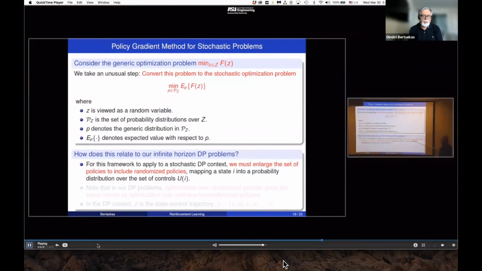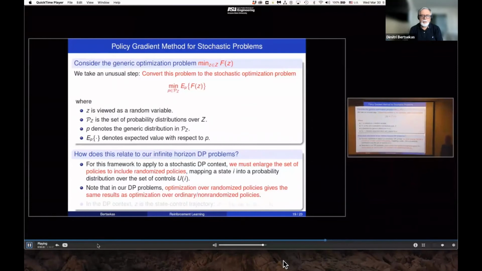So we enlarge the set of policies to include randomized policies, mapping a state i into a probability distribution over the set of controls. And we consider optimization over randomized policies. Now, one thing to note is that in exact dynamic programming, in the problems that we have considered, discounted and stochastic shortest paths, optimization over randomized policies gives you the same results as optimization over the ordinary non-randomized policies.